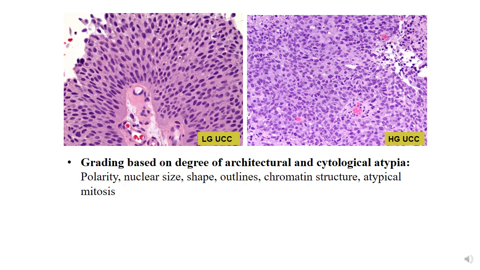Again, your grading is going to be based on the degree of architectural and cytological atypia. You are going to focus on all those characteristics: polarity of nuclei, nuclear size, shape, outlines, chromatin structure, atypical mitosis.